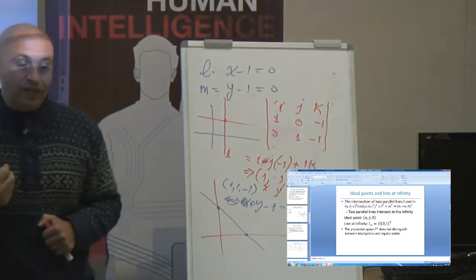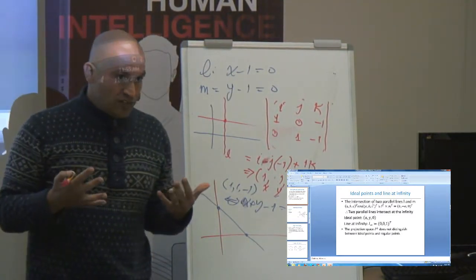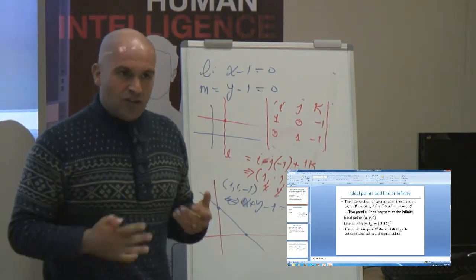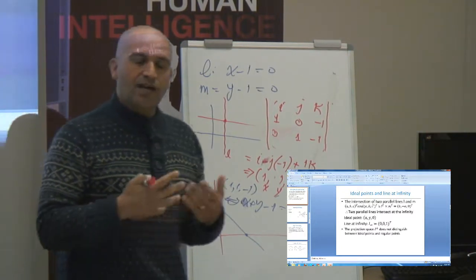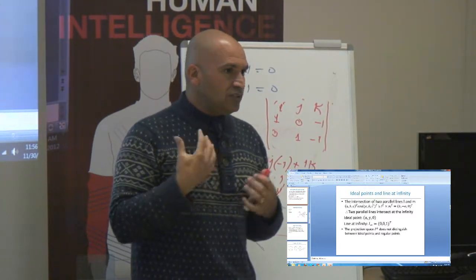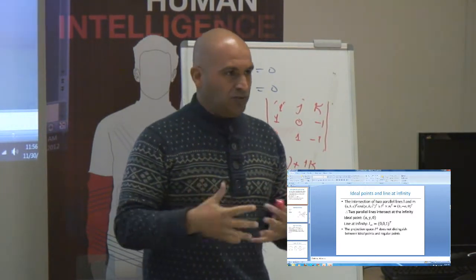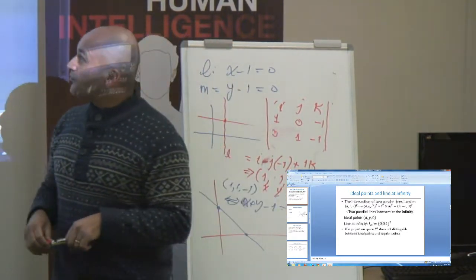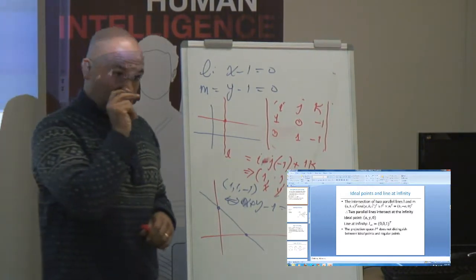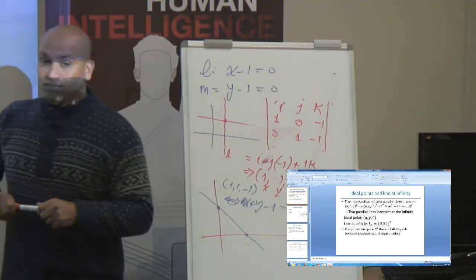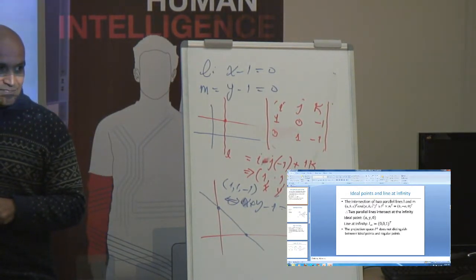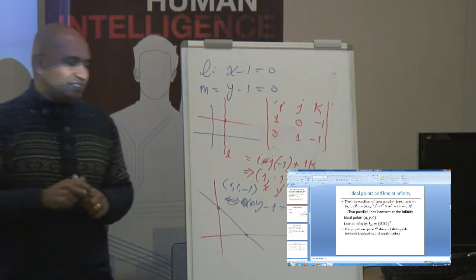What's nice about this is that in the projective space, we don't need to take infinity as a special case. The point is treated exactly like any other point in the projective space. It doesn't need special handling; it should be computed exactly as a normal point. This is what we call the ideal point, or the point at infinity. The line at infinity is the opposite, which is 0, 0, 1.